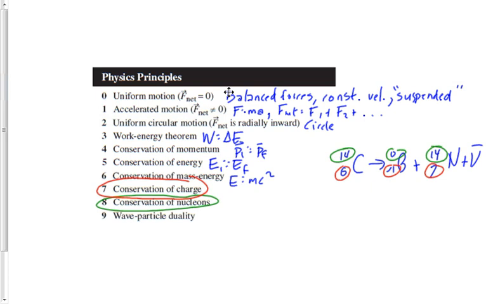Worst case scenario, you get this question wrong on the diploma exam. How much have you lost? 1 point out of 50. It's not the end of the world. You're probably not going to get 100 anyway. If you lose 2%, it's not the end of the world.